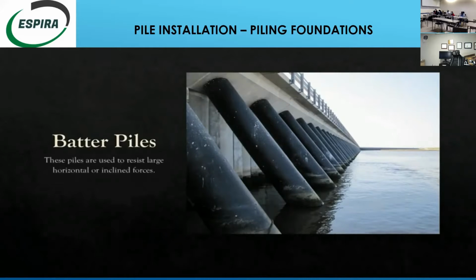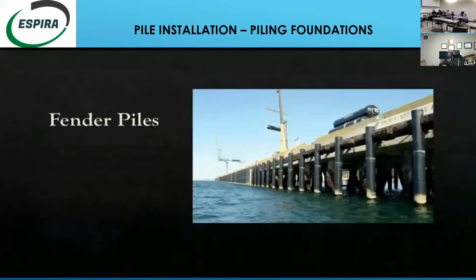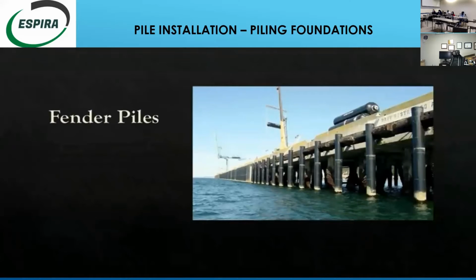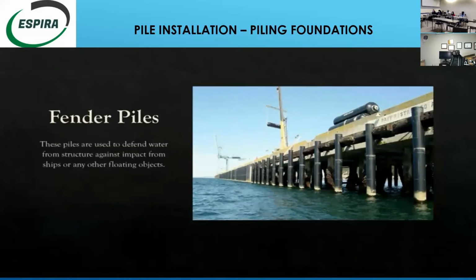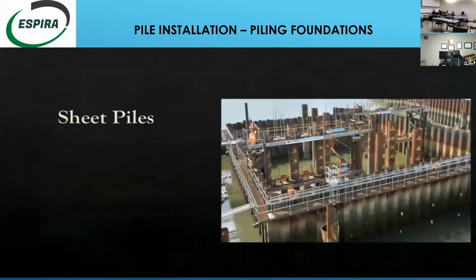This type is adopted in sea-shore structures. Fender piles. These piles are used to defend the structure from water against impact from ships or any other floating objects. Sheet piles.